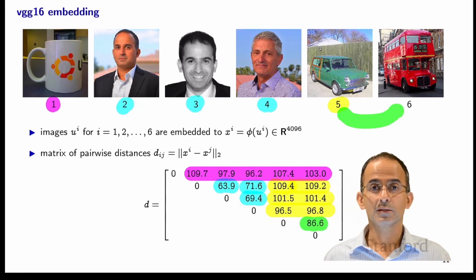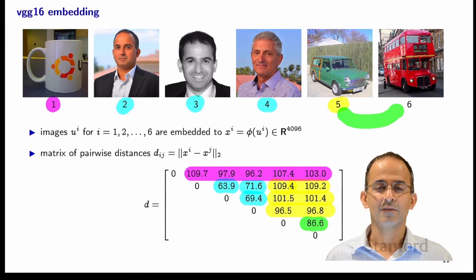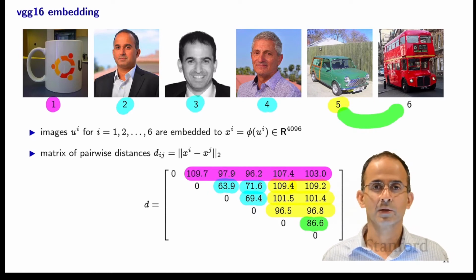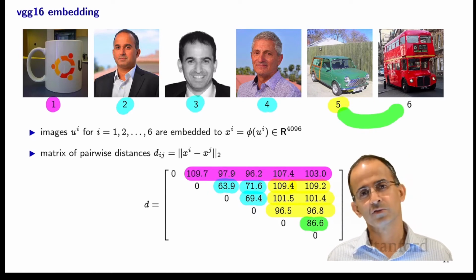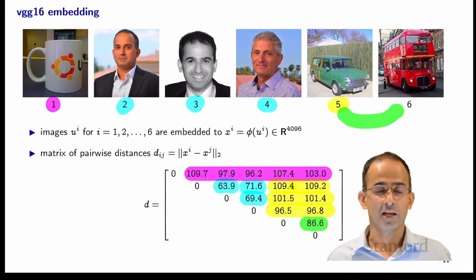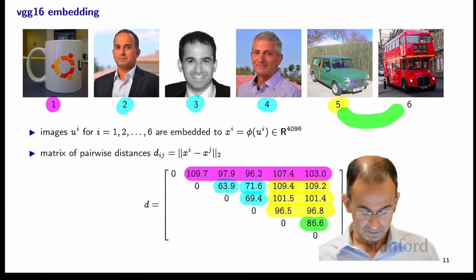And so we can say, well, this is a reasonably faithful embedding. It's surprisingly effective at figuring out that three faces are kind of similar to each other, two vehicles are kind of similar to each other, but faces are really different from vehicles, and mugs are different from faces, and mugs are different from vehicles.